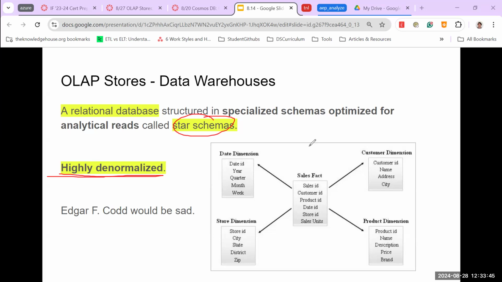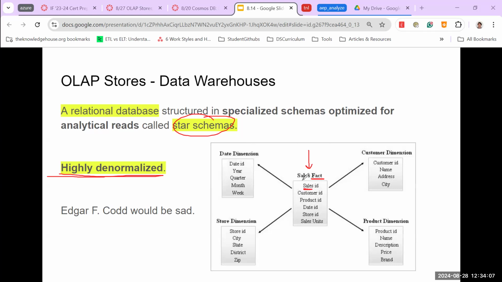Now, the way star schemas are arranged is in the center, we have something called a fact entity, or rather a fact table. And this fact table essentially keeps track of some sort of discrete metric, such as the sale that was performed.